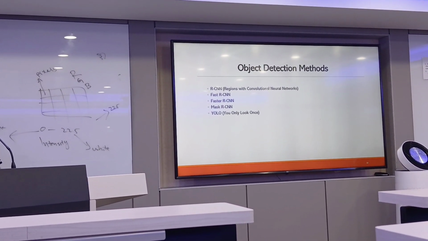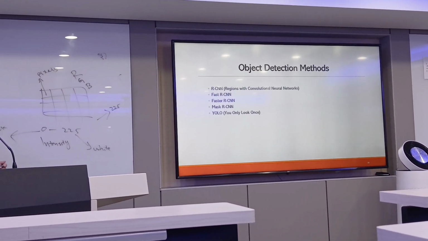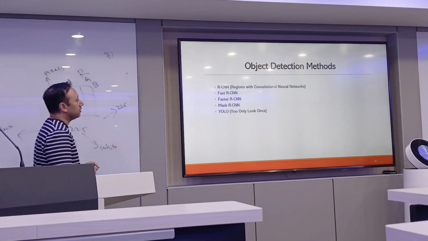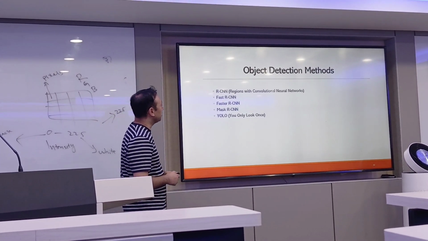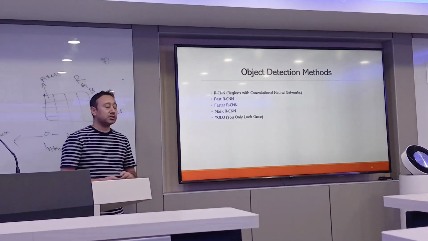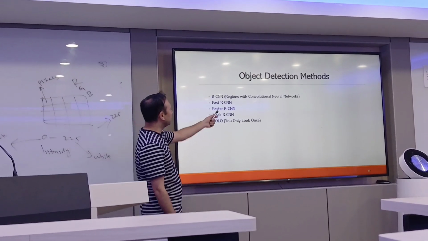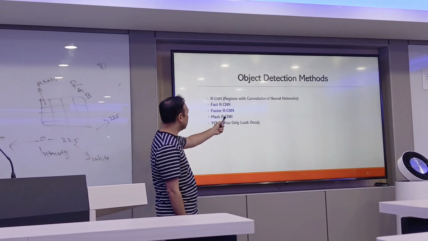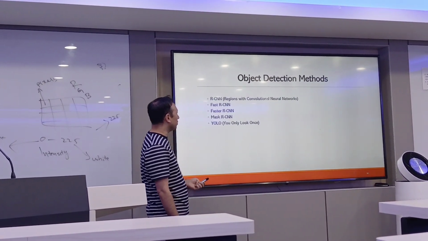So, object detection methods. There are different methods you can apply for object detection. Here you can see RCNN, region with convolutional neural networks, and Fast RCNN, Faster RCNN, Mask RCNN, and YOLO.